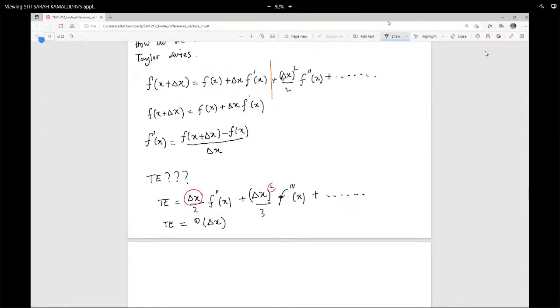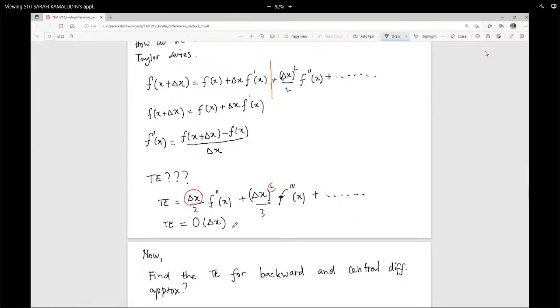Right. Now, for your homework, find the TE for backward and central difference. Find the O, actually O means order.